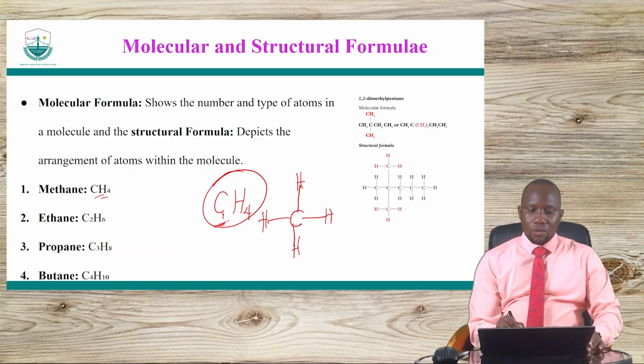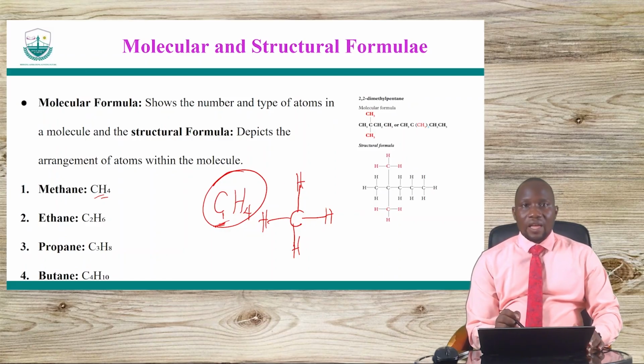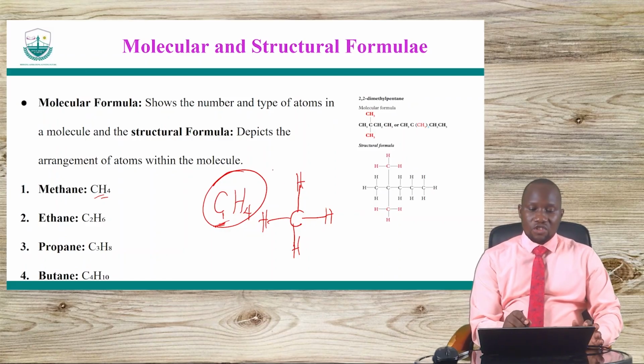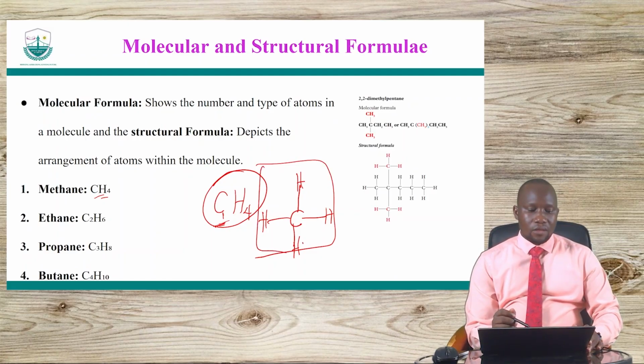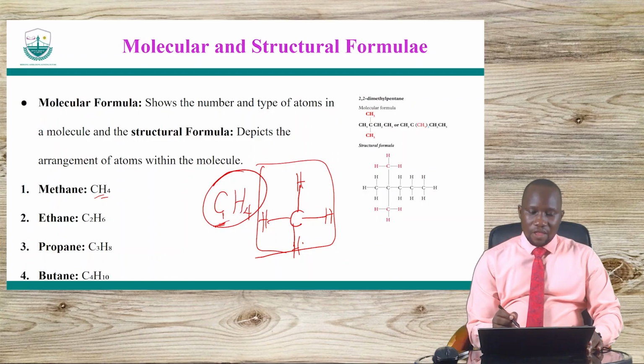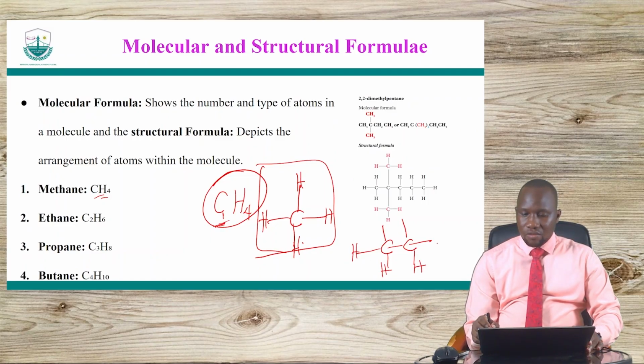That is how it looks for methane. For ethane, you have 2 carbon atoms, and then you have the 6 hydrogen atoms.